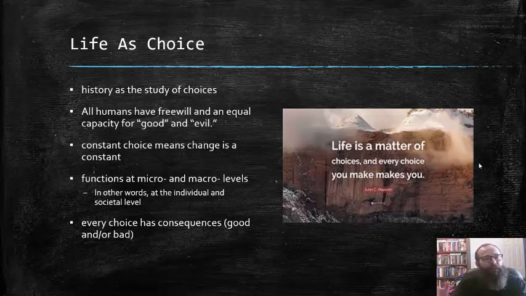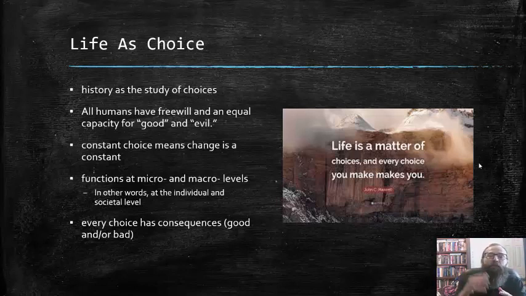Now, all human beings have free will and an equal capacity for good and evil. And it's the choices that they make that determine to what degree on either side of that spectrum they may fall. Now, constant choice means change is constant.